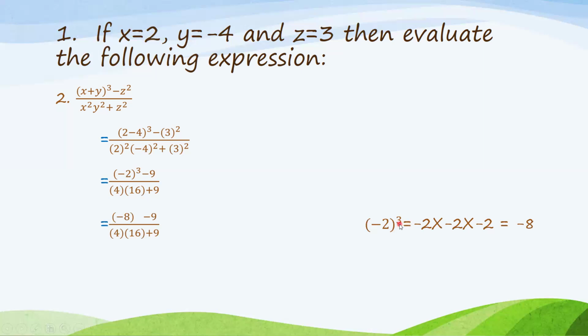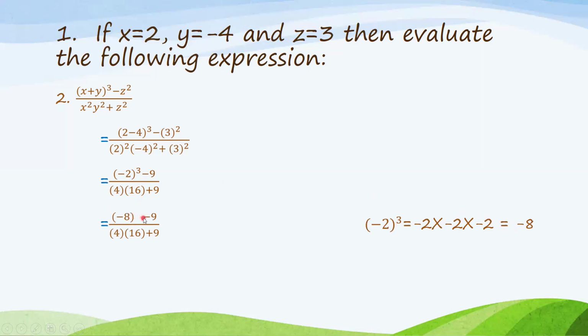But if there is an odd power, that means 1, 3, 5, 7, and so on, it gives you a negative answer. Clear? So minus 2 cube means minus 8.